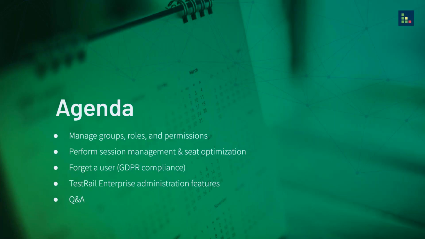We're also going to touch on how we've implemented GDPR compliance in TestRail. And once we've done that, we'll move on to a couple of other administration features that are more geared towards enterprise organizations that we introduced in our recent 5.7 TestRail release.